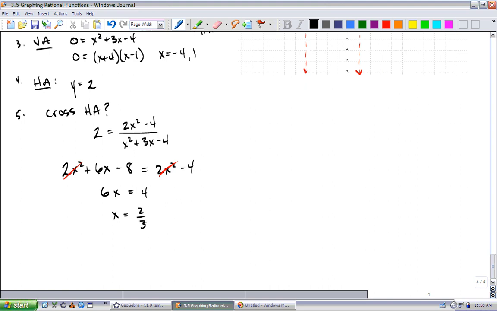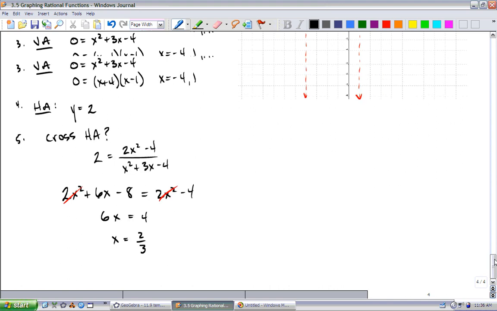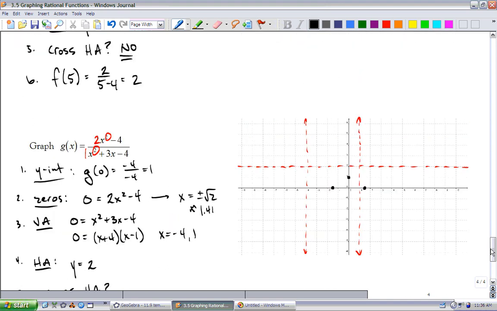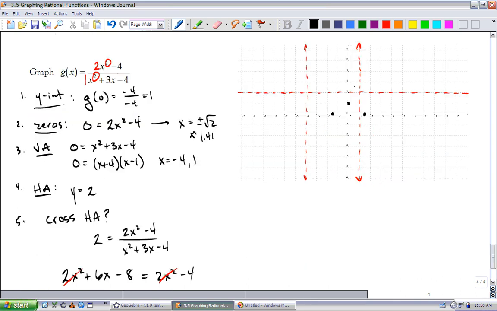So what that tells me here is that this function, g of x, at 2/3 equals 2. So that tells me that there's a point right here at 2/3. There's 2/3. That's 2. Okay? That's the only place it can cross this horizontal asymptote.